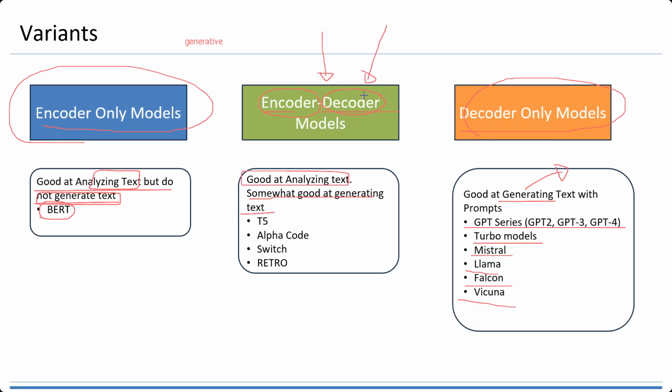That's why if you are doing text analysis, people will choose encoder-only, but if you are generating sentences, people use GPT. For this one, if you have very reliable resources, then you can use it. Some of the models are T5, AlphaCode, Switch, Retro.